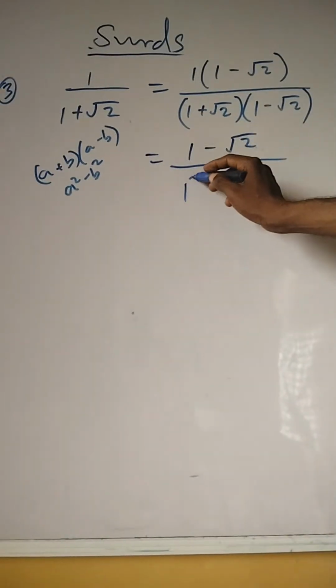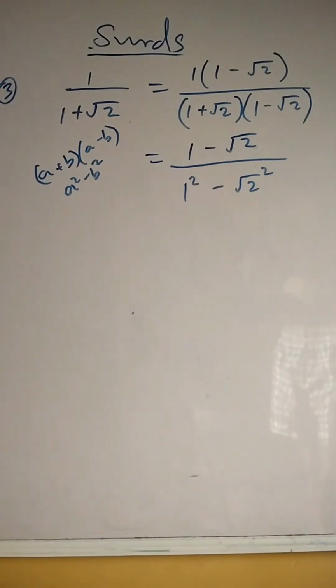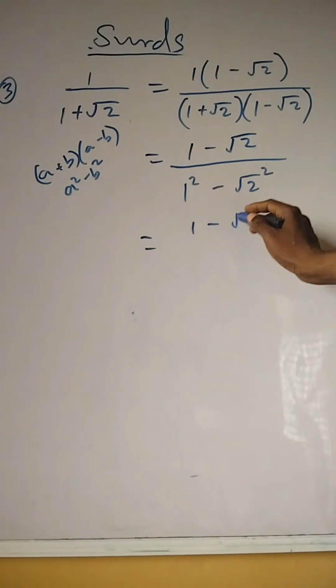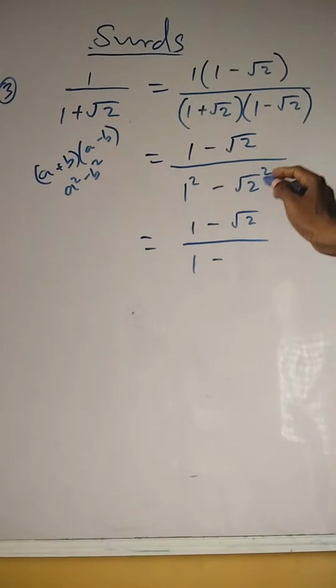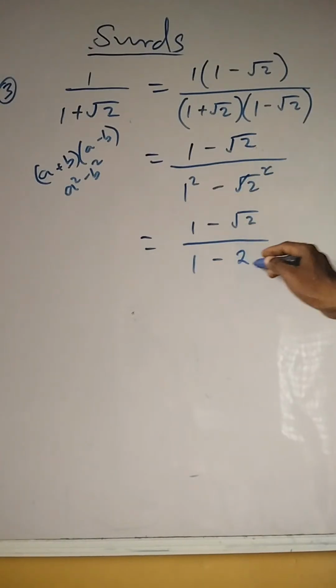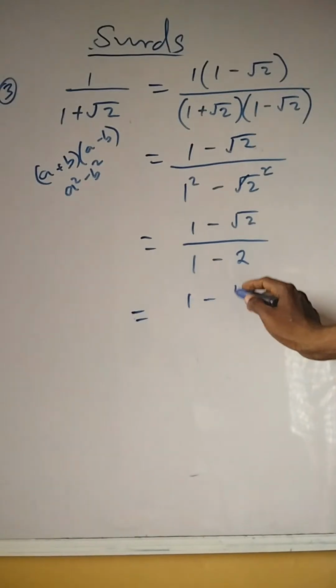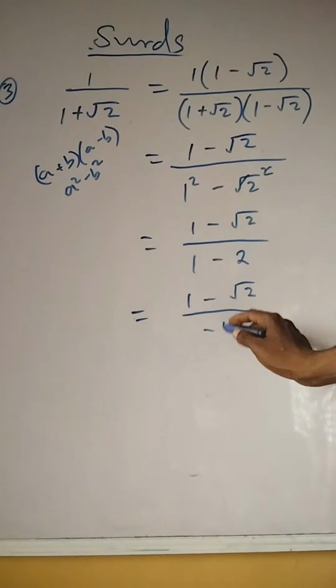Here we have 1 square minus root 2 squared, and this becomes 1 minus root 2 over 1 square, that's 1, minus root 2 square, square cancels square root, we have 2. This becomes 1 minus root 2 over 1 minus 2, which is minus 1.